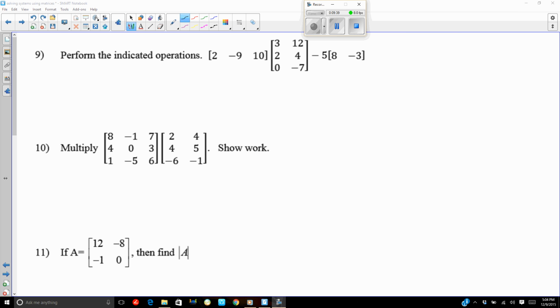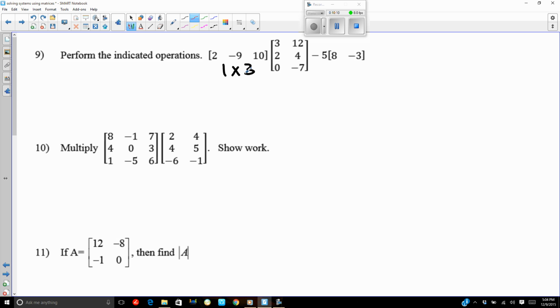All right, number 9. Again, we are multiplying and then we are subtracting. So let's first multiply. I'm going to take this row right here and multiply it by the first column. So that row has to be multiplied by both columns. Every row has to be multiplied by every column. Of course, the first thing I almost forgot was label the dimensions. This first matrix has 1 row, 3 columns.